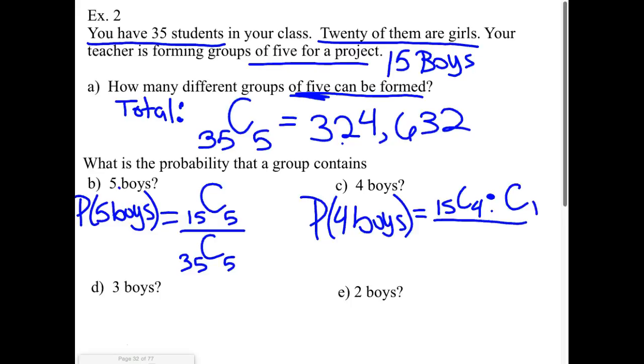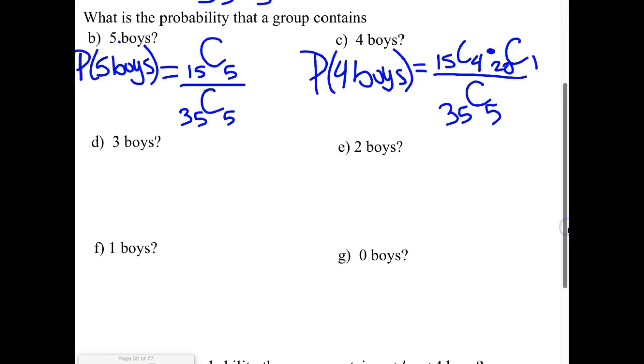Reminder, there are 20 girls. And the bottom is not changing. That's going to be 35 pick 5. Just for time, I'm not going to plug this into our calculator. On your homework, I will need you to plug this into your calculator, but right now I'm trying to give you guys some more time.